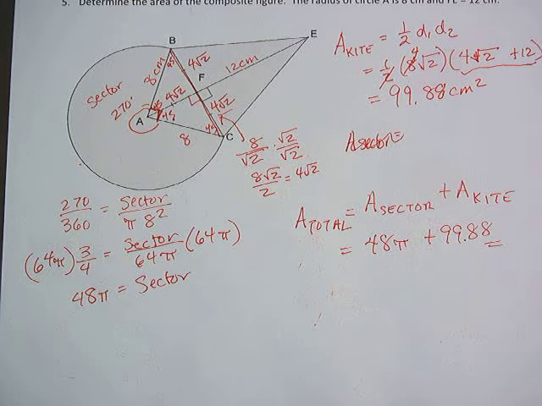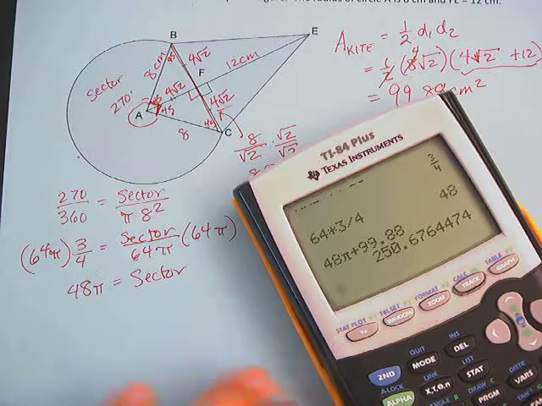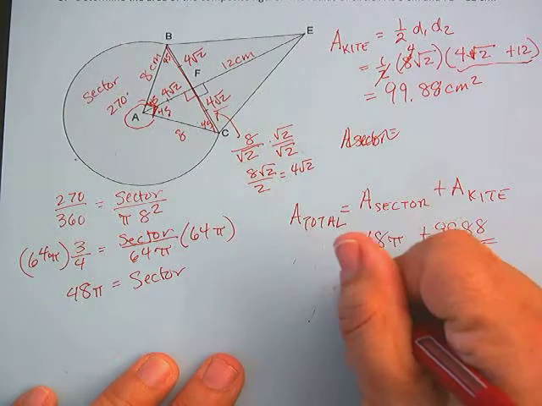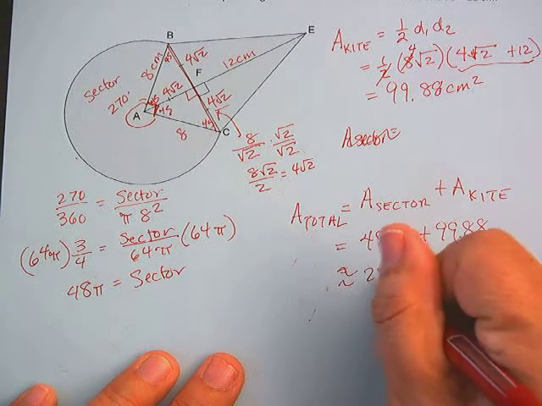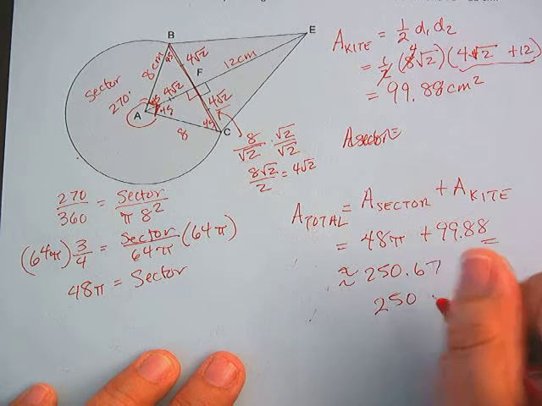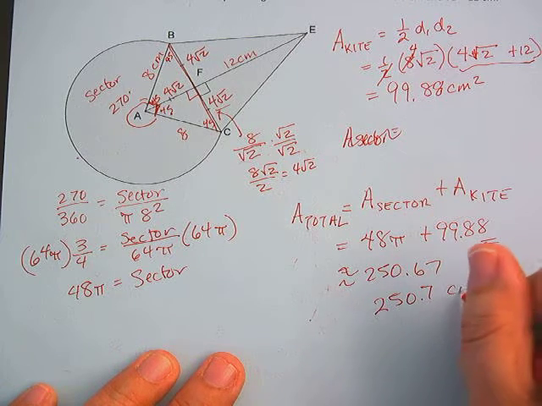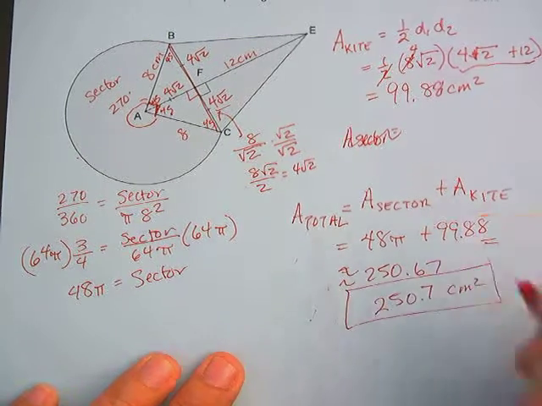So 48 pi plus 99.88. So you can see I'm just putting that in the calculator, hit enter. 250.67. It's approximately. Honestly, probably 251 or 250.7. These will all be good answers. Voila, and there's your answer.